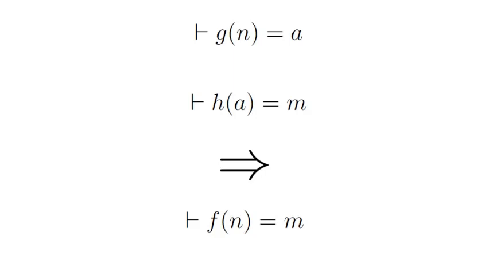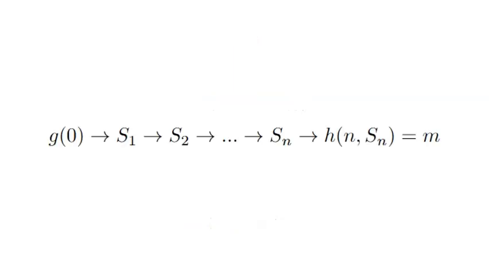In that case, you will have to prove that the initial state in this Turing machine, as I explained it, let's call this initial state the zeroth state, will result in a first state that will result in a second state that will result in a third state, and so forth until it gets to an nth state that will result in the machine printing m on the tape. And so we will know that the output of the function was m.